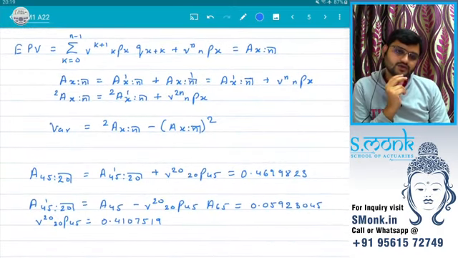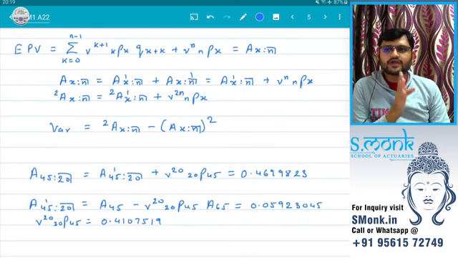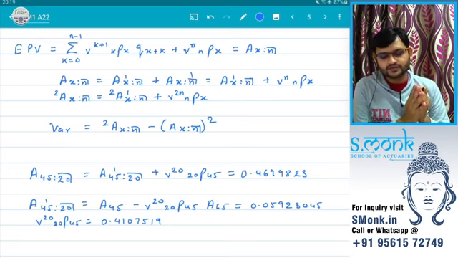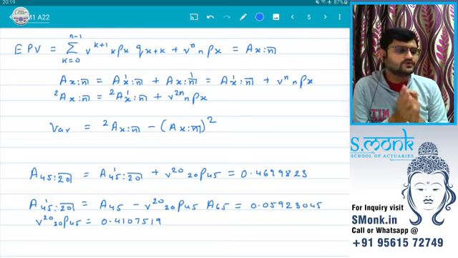Just tonight, before you sleep, read all of these. Write down the formulas in one place so that we can use them tomorrow and we don't get confused.